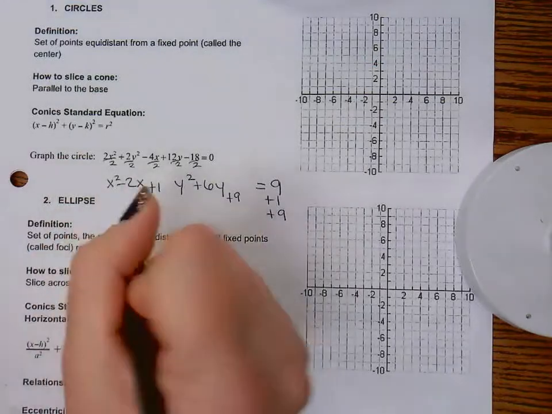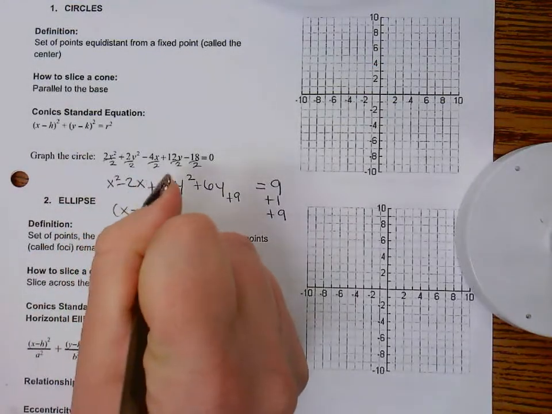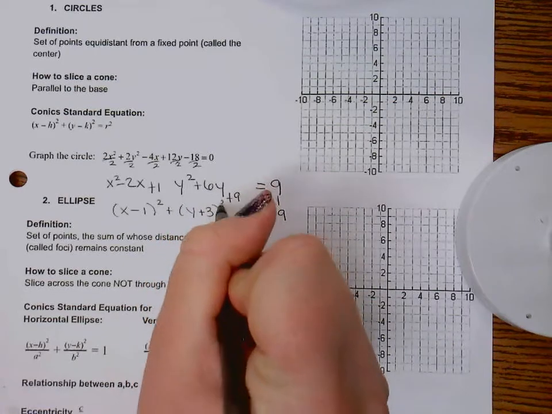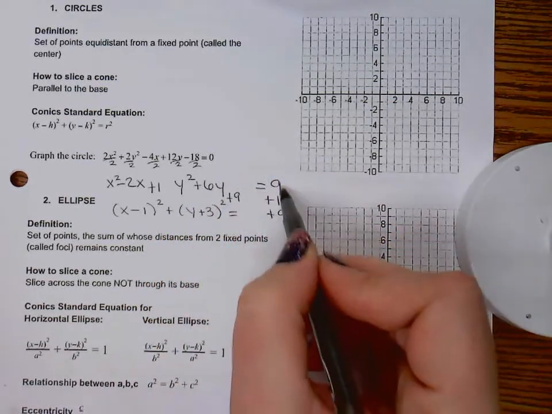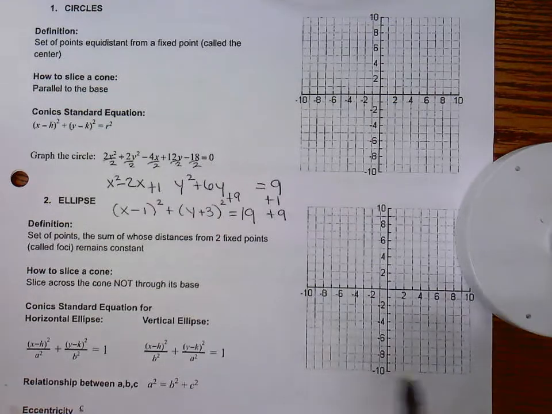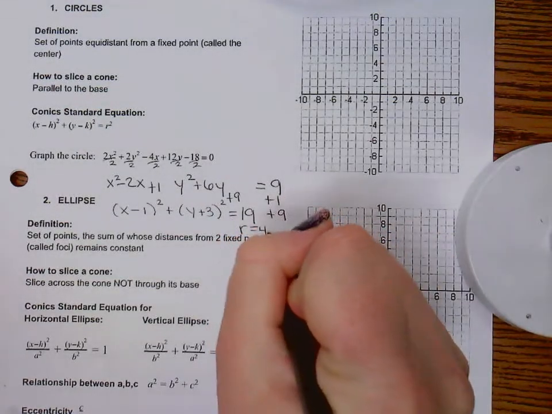So now I have x minus 1 squared plus y plus 3 squared. Looks like this equals 19. So the r value is the square root of 19, which is about 4.4. So r equals 4.4.